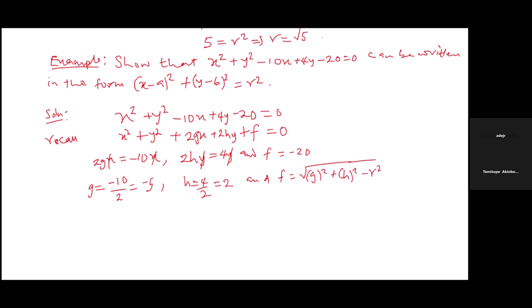So that means minus 20 equals g, which is minus 5, so that will be minus 5 squared, plus h, which is 2 squared, minus r squared. So if you square both sides to get rid of this radical, this will be 400 equals 25 plus 4 minus r squared.